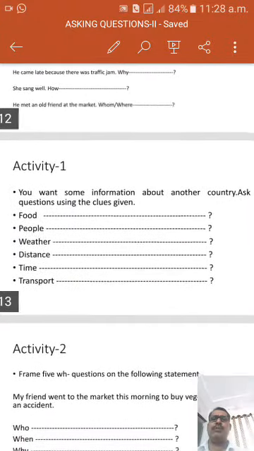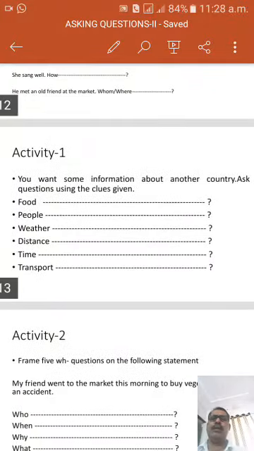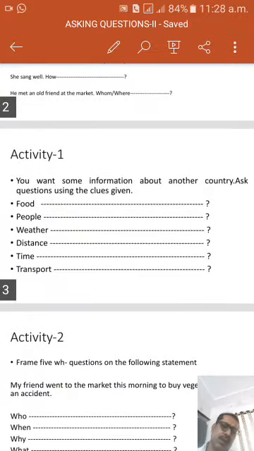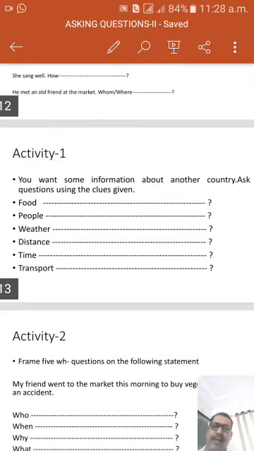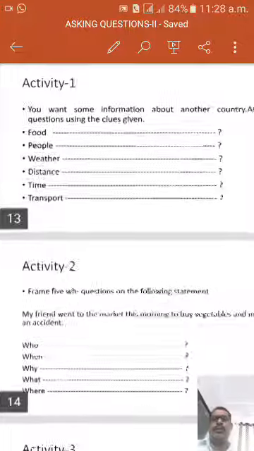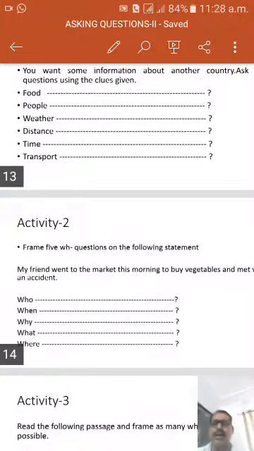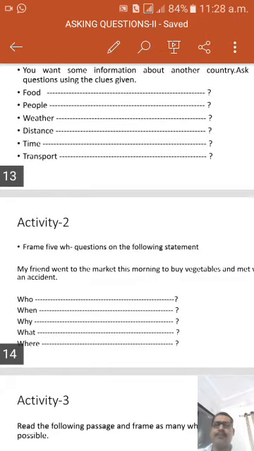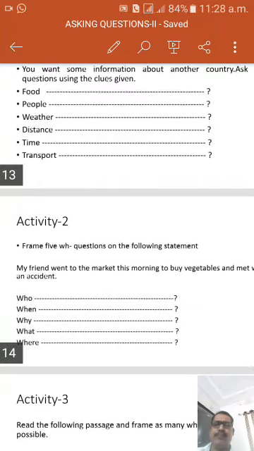Next, activity 1. You want some information about another country. Ask WH questions using the clues given. Suppose you are going to America, the United States of America, and you have a friend who has already completed his higher education, MS, there, and he has experience of studying there, working there.